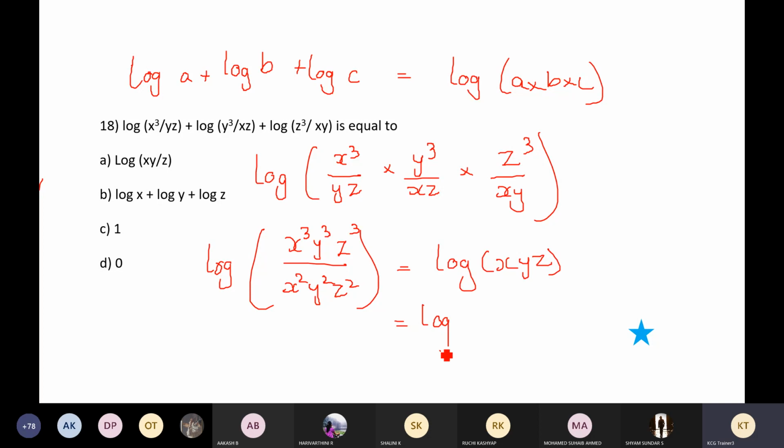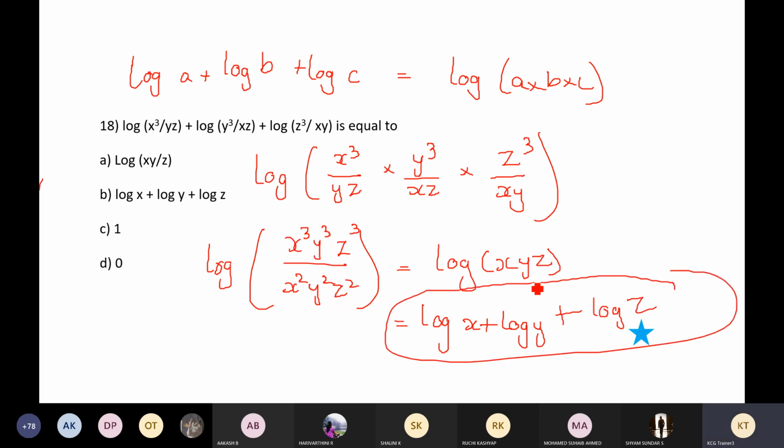So log x plus log y plus log z. So my answer is option B.